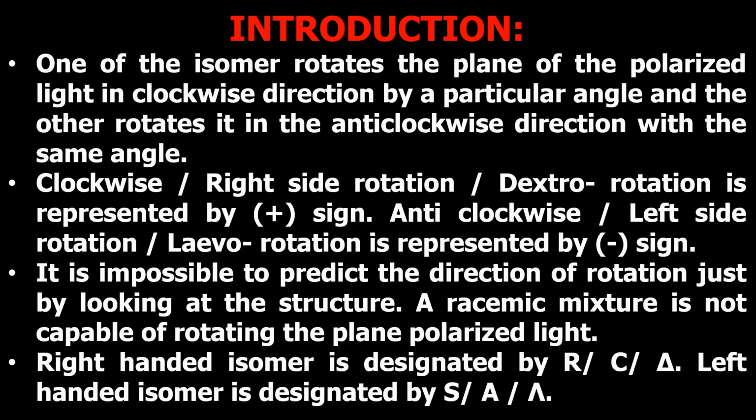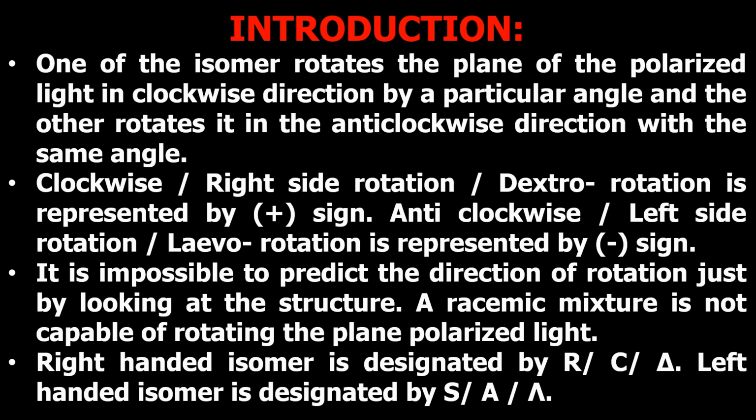The directions of two optical isomers are opposite, but the magnitude is the same, which means that the rotation by one of the isomers is say x degrees in clockwise direction. Then the rotation of the plane polarized light by the other isomer will also be x degrees only in anti-clockwise direction.